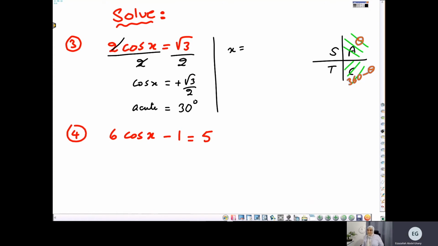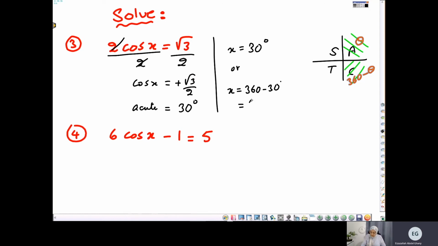And now you need to find x. Take care of your titles. One title is acute angle, and then we decide, shall we deal with the same 30? Yes, because in the first quadrant, the angle is already acute. Or another value, which is x equals 360 minus this acute angle.